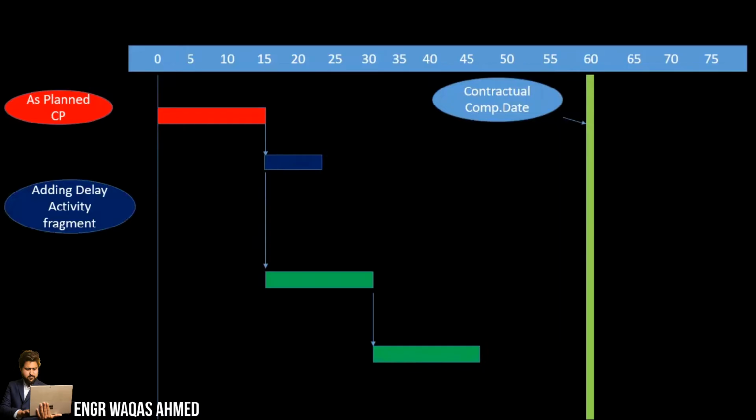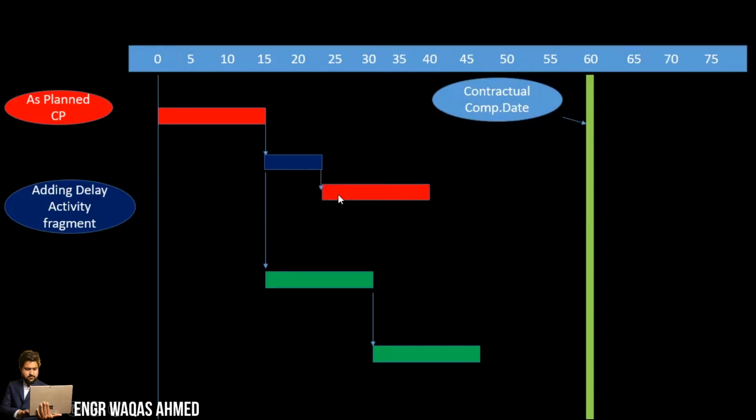When you evaluate this in the execution phase, say you are standing on the 50th day and your project is delayed. You need one baseline, and on the 50th day, you look at what happened on the 15th day. So that happened, and you inserted this delay event.